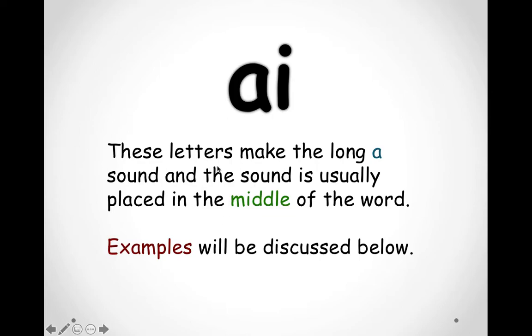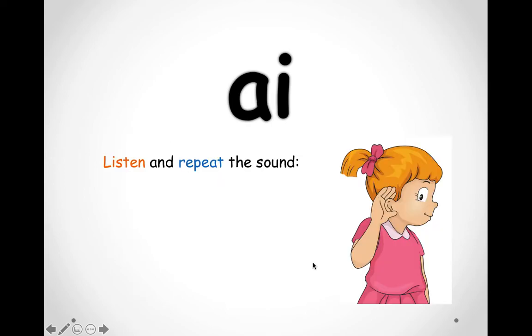These letters make the long A sound, and the sound is usually placed in the middle of the word, not at the beginning and not at the end, but in the middle. Examples will be discussed below.